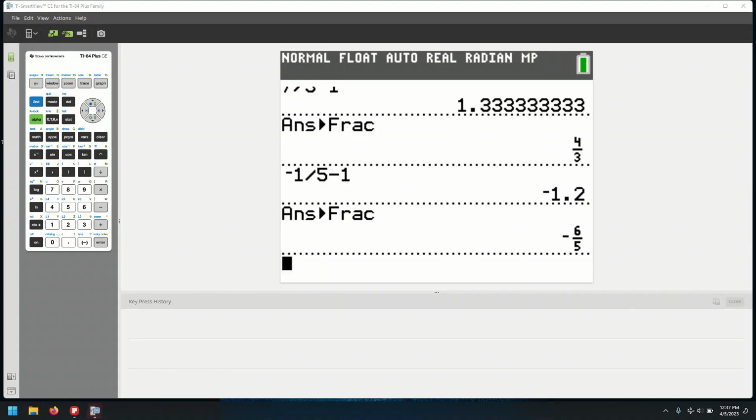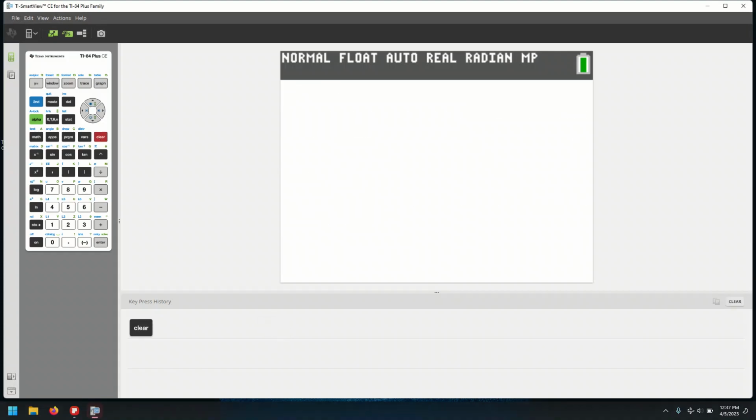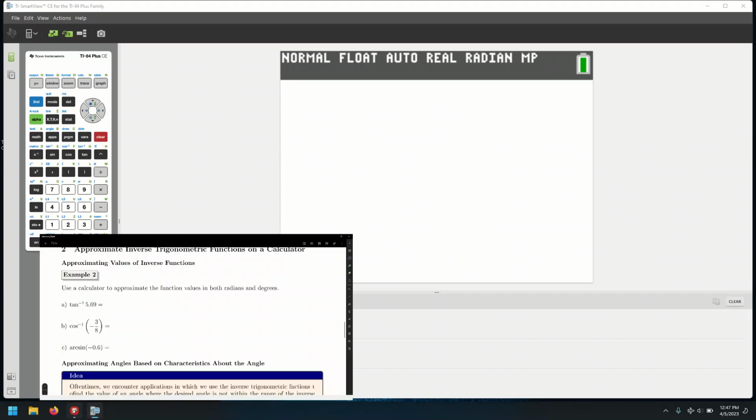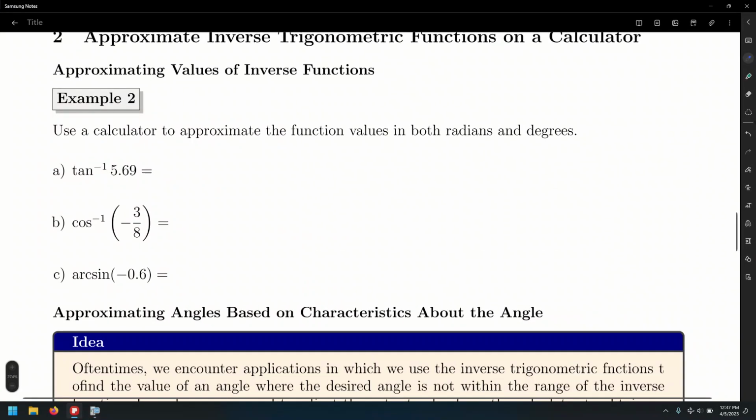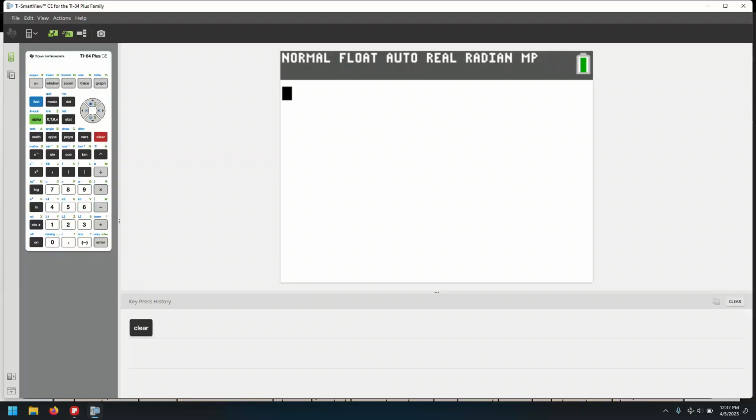Okay, let me clear this. So number one, tangent inverse of 5.69. Notice we have keys on the graphing calculators for sine function, cosine function, and tangent function.